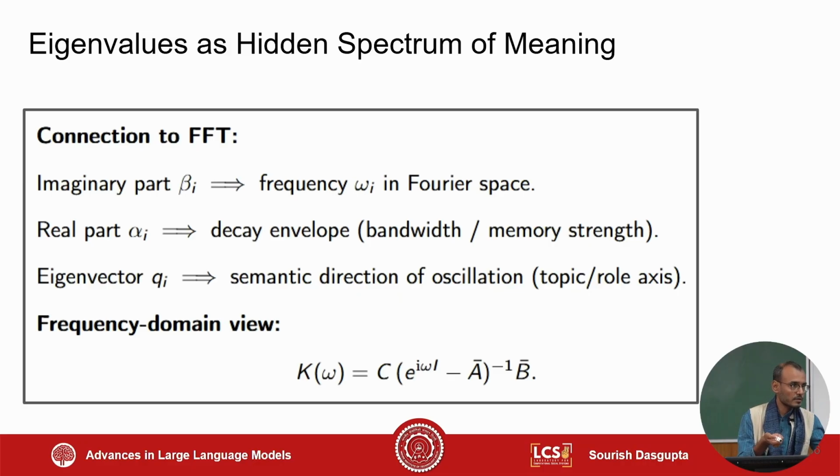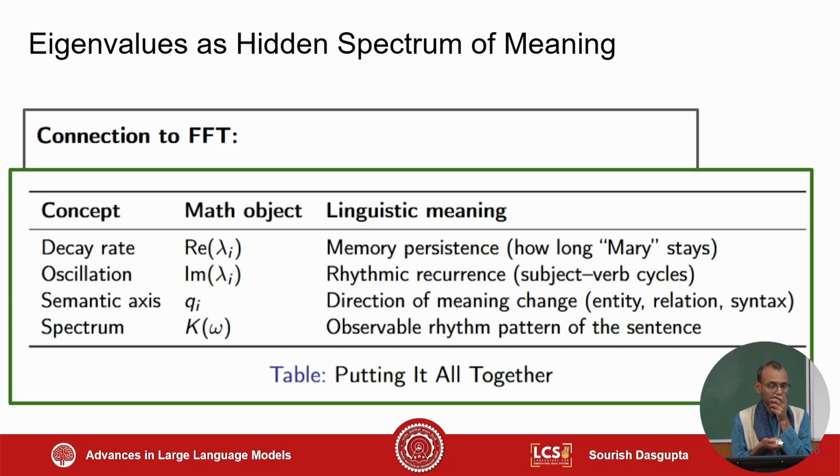Whatever was alpha, the real part, is basically the decay. That interpretation remains the same. And the eigenvector Q i, which gives you the semantic direction of the oscillation, also remains the same. So putting it all together, you have this. That's the connection to the FFT.